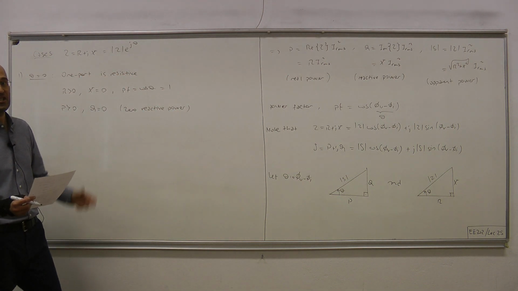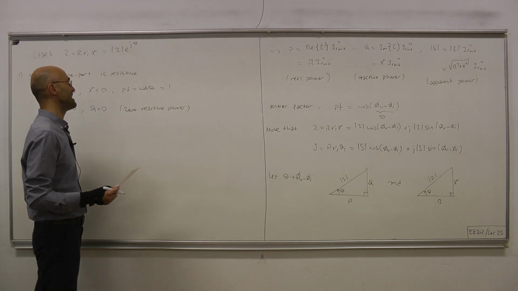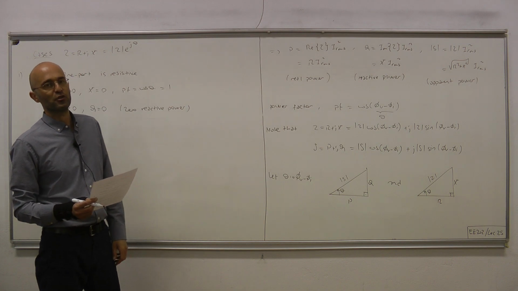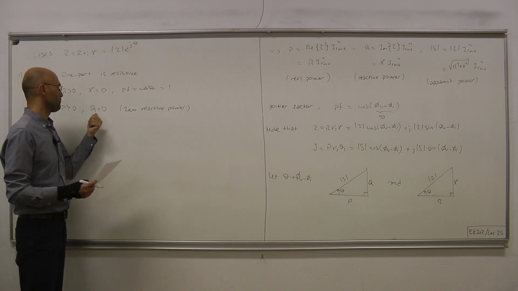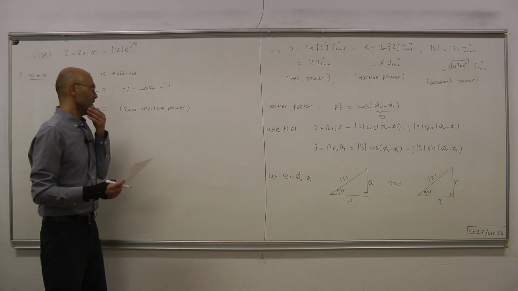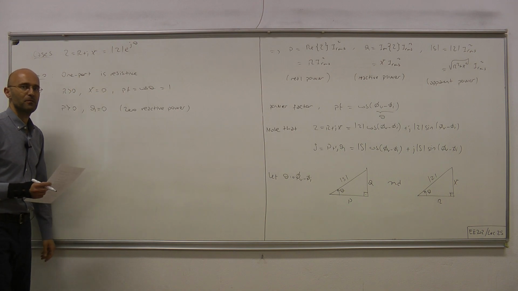So the total average stored energy in the inductors equals the total average stored energy in the capacitors, okay? And that would produce a 0 reactive power, okay? So that means, right, in that case we call the one port resistive.